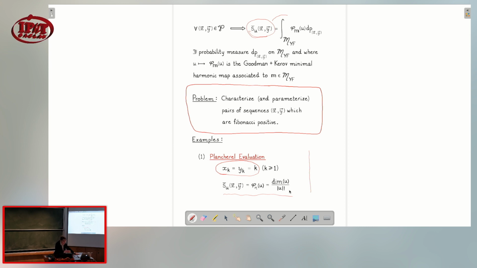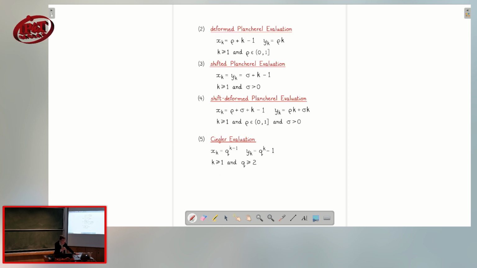And then there are some deformations of this. You can introduce a deformed Plancherel evaluation, shifted, some kind of combination of these two, shift deformed, and then finally what's called the Ziegler evaluation, which is related to q-Hermite functions.